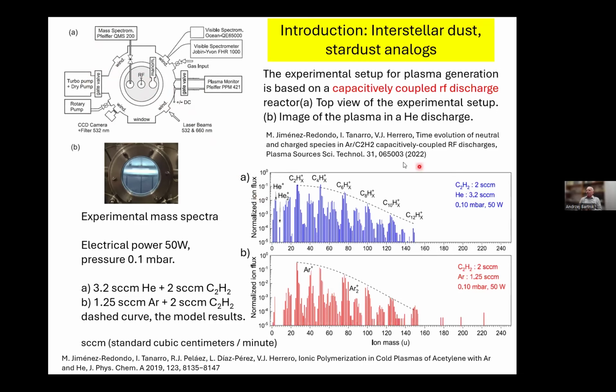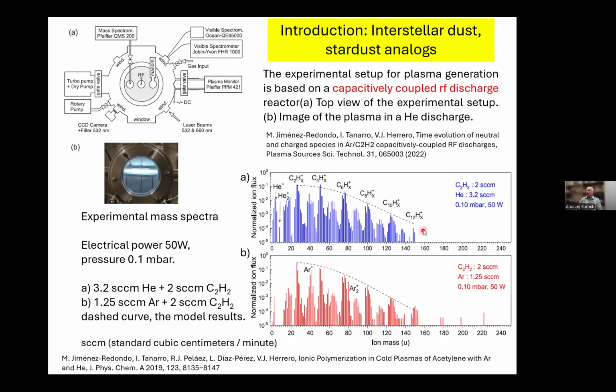You can see, for example, two mass spectra that were obtained in experiments where electrical power was applied to form the plasma in a mixture of acetylene and helium or argon.